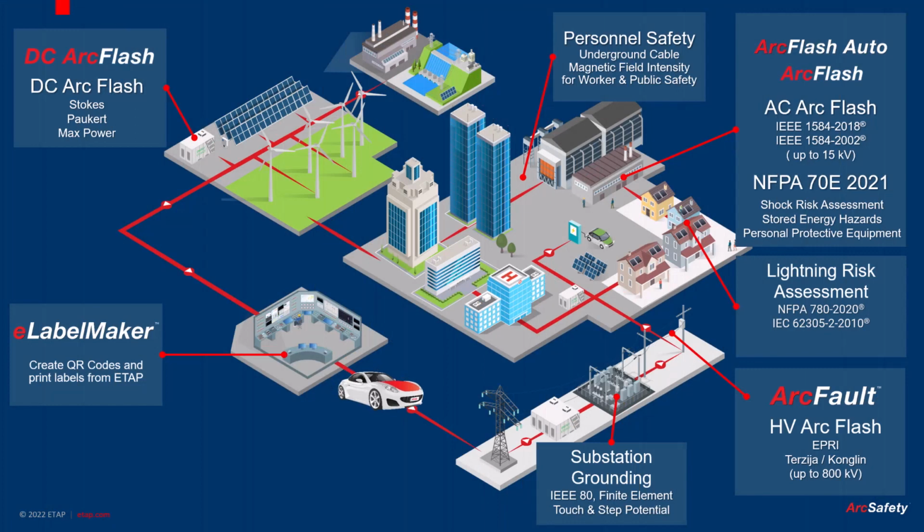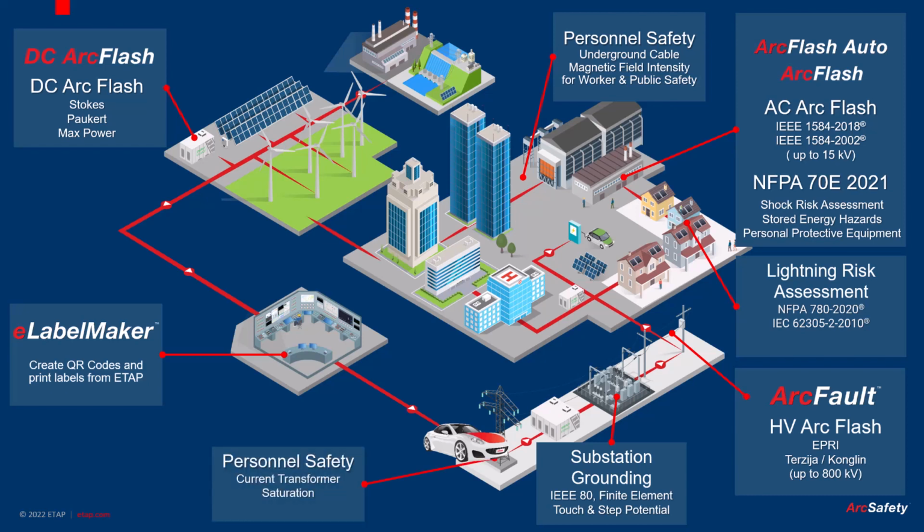The next one that is available in ETAP as a tool to perform electrical safety or arc safety program is the current transformer saturation technique, where ETAP is equipped with a CT saturation module.